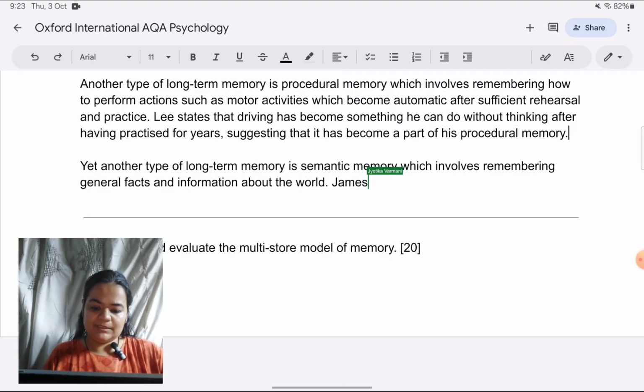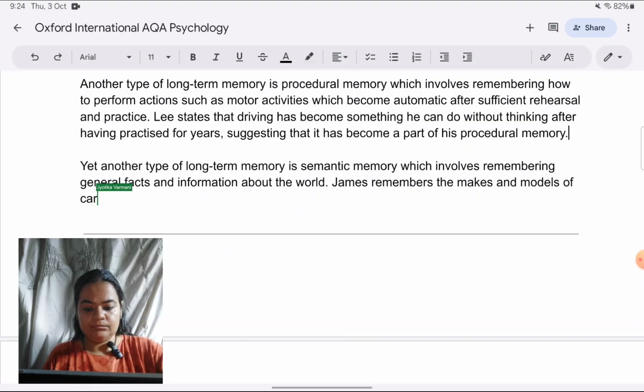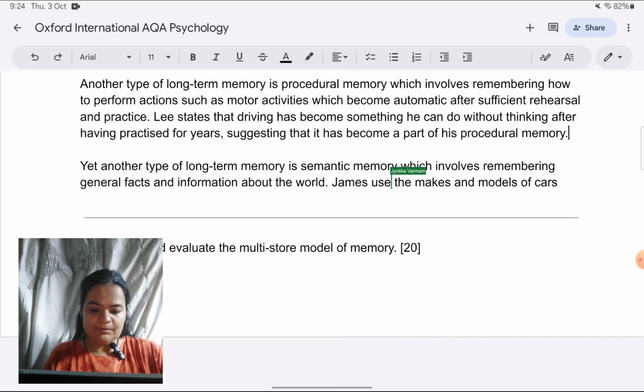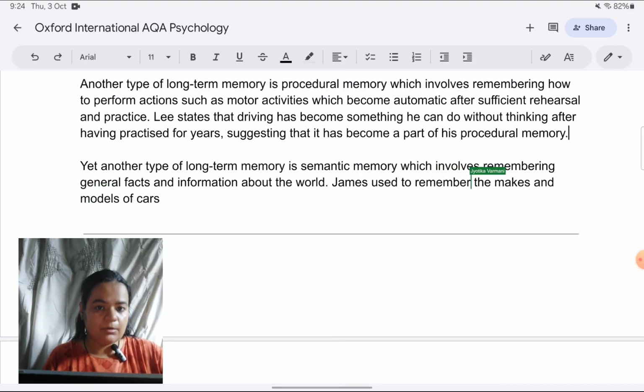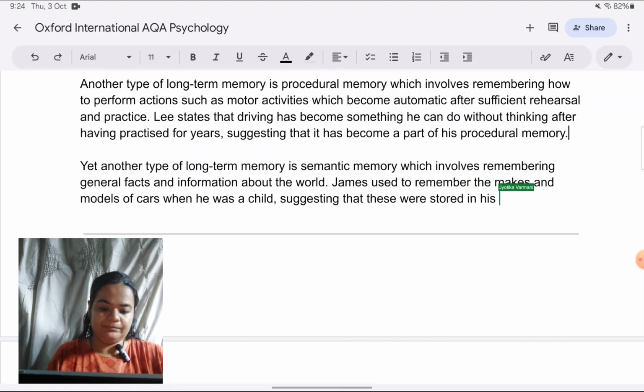James remembers the makes and models of cars, or we can say James used to remember the makes and models of cars, because we don't know right now whether he remembers or not, they've not specified. James used to remember the makes and models of cars when he was a child, suggesting that these were stored in his semantic memory.